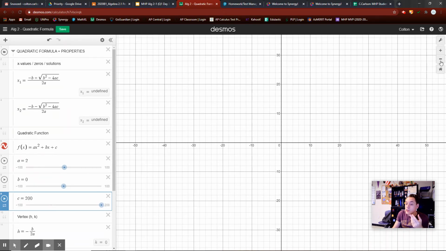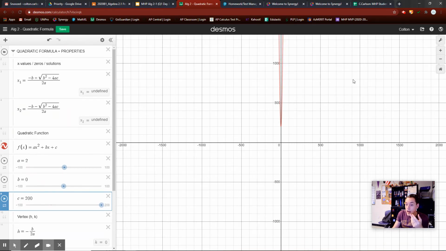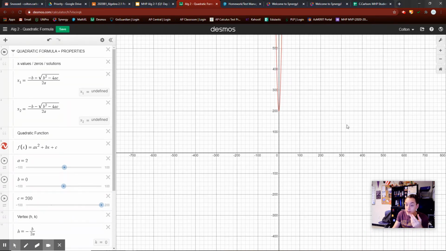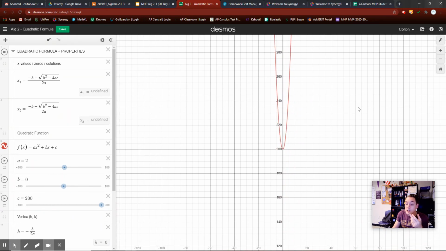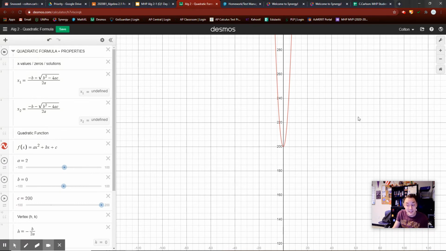But if I actually zoom out, okay, I do get a graph. And so that's the interesting part. I do get a graph, but notice, is it crossing my x-axis? No. So when we have imaginary numbers, it actually does not cross the x-axis. Hence, no x equals, right? So if it doesn't cross the x-axis, there is no x equals.